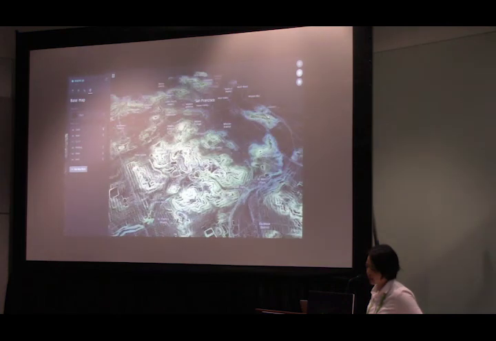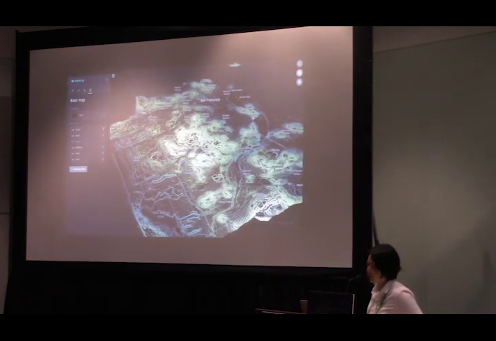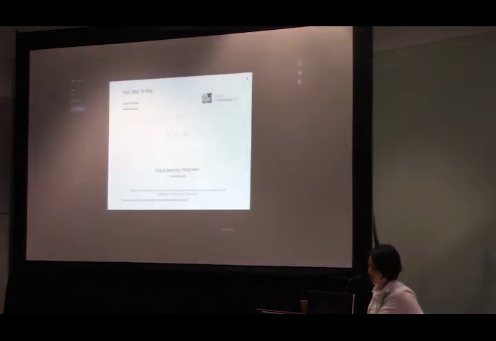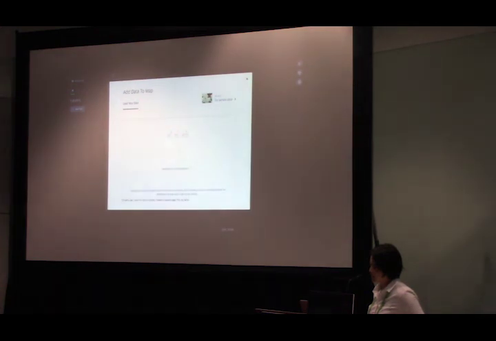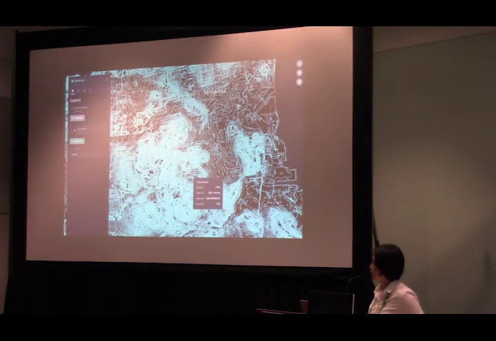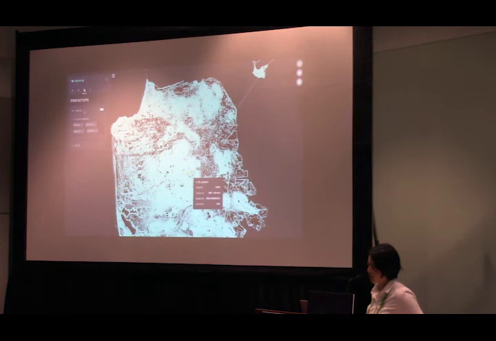Here the demo is showing the San Francisco contours. By just dragging and dropping your file from your local laptop, Kepler can automatically render it.